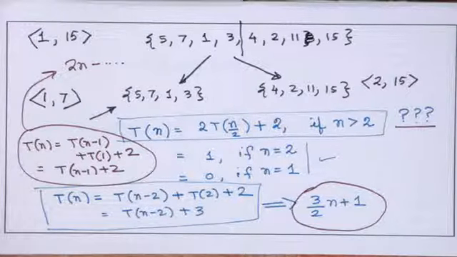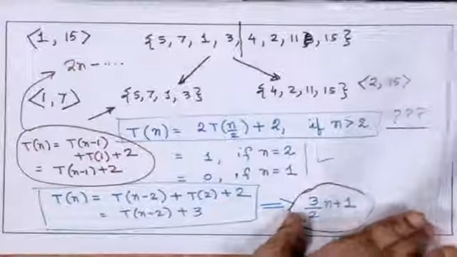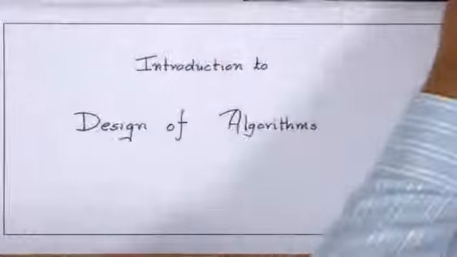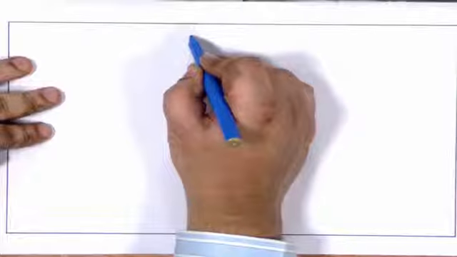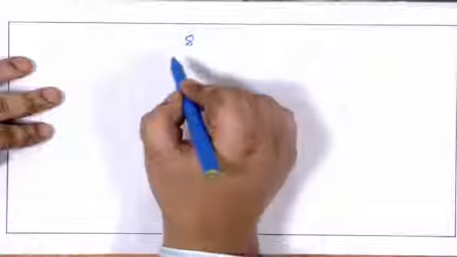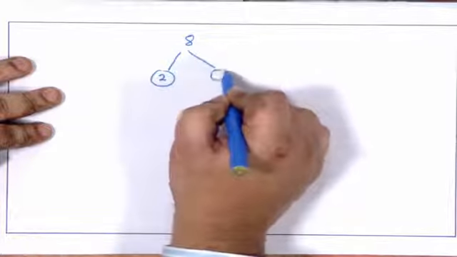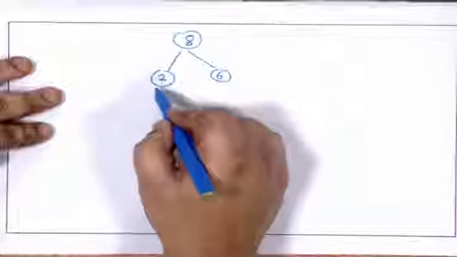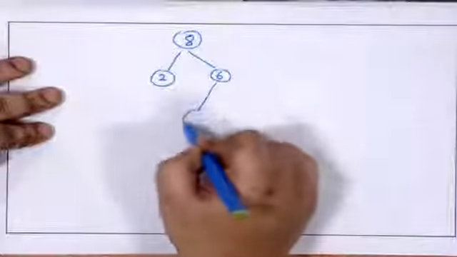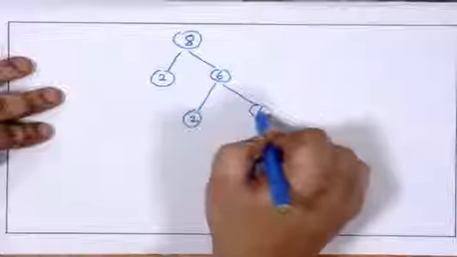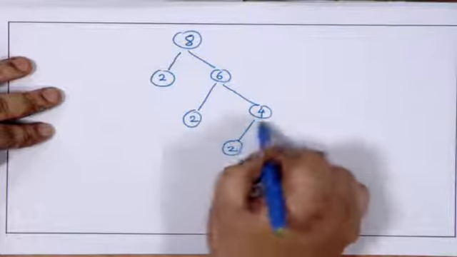In order to go to a more general answer, the approach that we take is to build up the recursion tree. So, if you had say 8 elements, we split 2, 6, with 2 a base condition, then 2, 4, 2, 2.